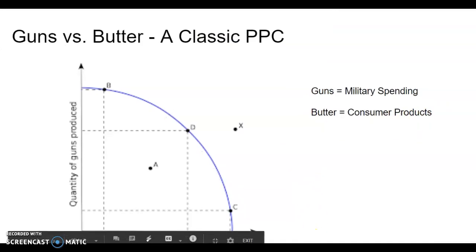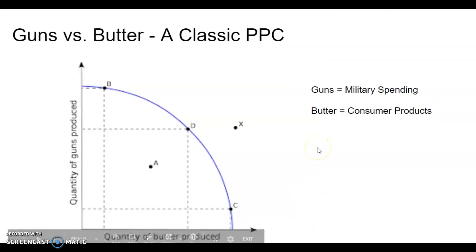Guns versus butter is a traditional PPC that we oftentimes talk about in economics. This is how we can apply the PPC to a larger scale economy. Now, you may be asking yourself, what do guns and butter have in common? Well, not much, except money. So here, the idea is that guns represent military spending by a government, and butter represents consumer products.